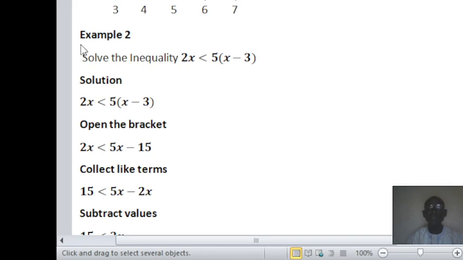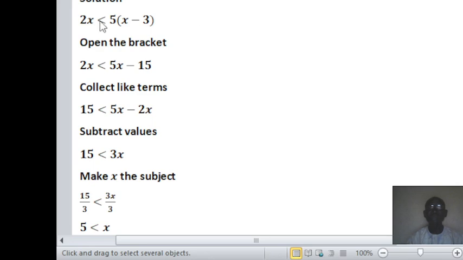Example 2, we are asked to solve the inequality 2x less than 5, open bracket, x minus 3, close your bracket. The solution, we say 2x is less than, you open your bracket here, 5 into x, you have 5x, minus 5 into plus times minus, here you have a minus, then 5 times 3, you have 15.